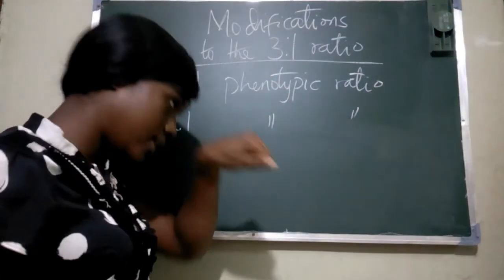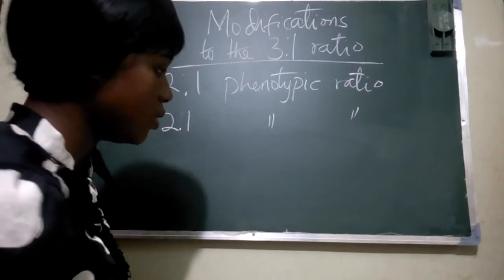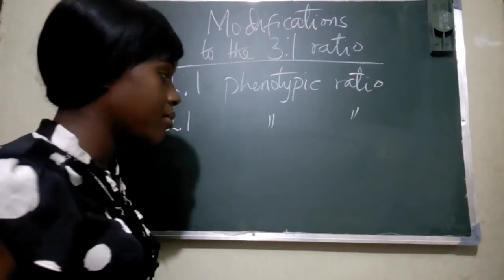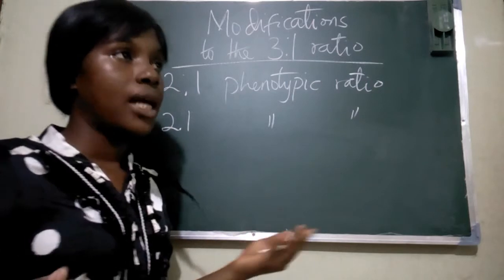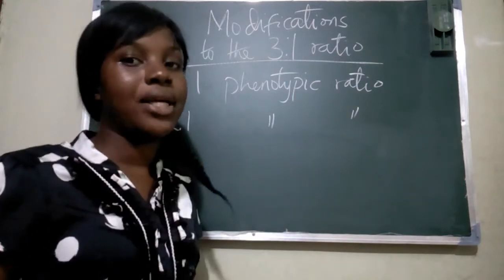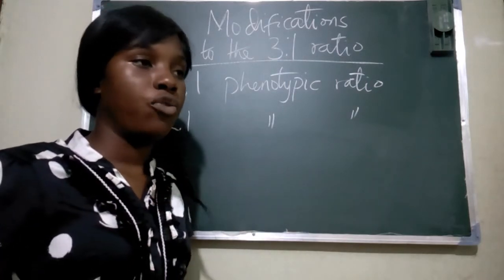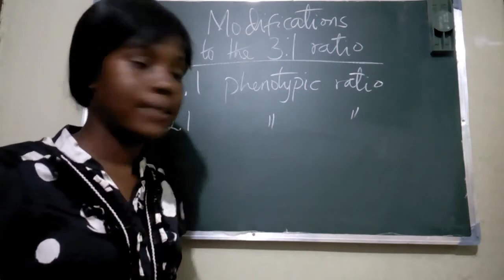In codominance, the alleles are both expressed in the phenotype of the hybrids.